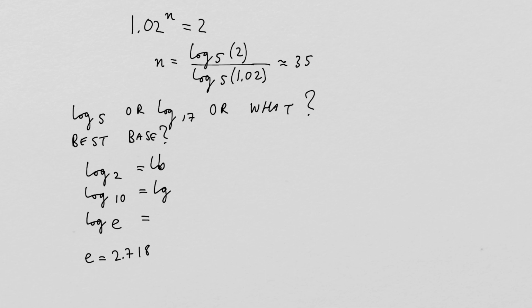This is usually denoted by the natural logarithm. These have some different advantages. Base 2 is very natural for computers. Logarithm of base 10 is very natural for humans.